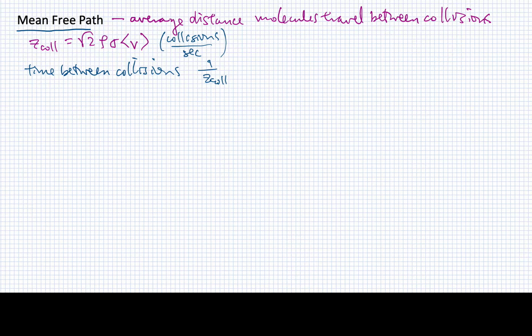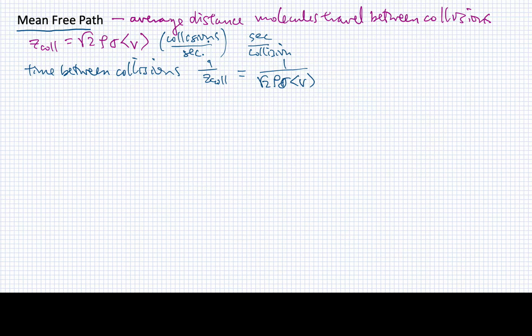Okay, if this is giving us collisions per second, the inverse of this would be seconds per collision. So that tells us how long it is in between these collisions. So that will give me a result that looks like this: 1 over the square root of 2 rho sigma times the average velocity.